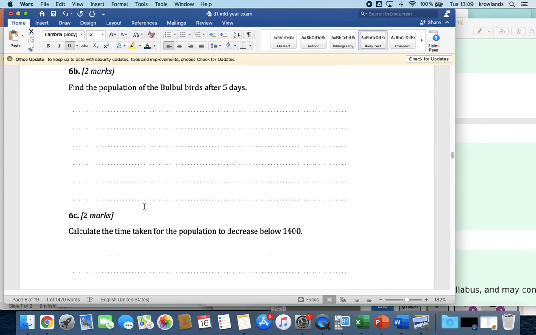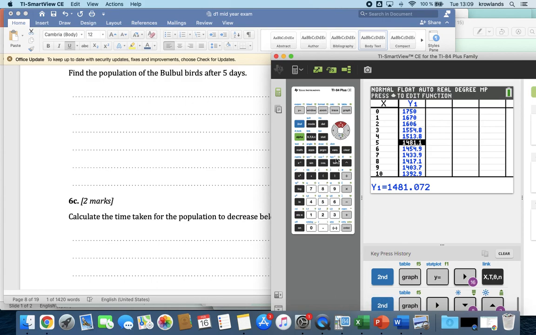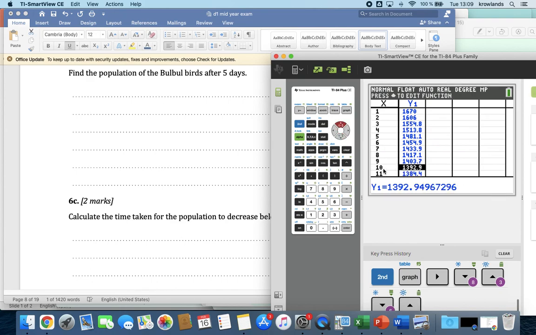Now, part C, calculate the time taken for the population to decrease below 1400. Now, this is essential. It decreases below 1400 on a day between 9 and 10. So most people wrote 10. This is incorrect because you need to give an exact answer. This is why it's 2 marks.